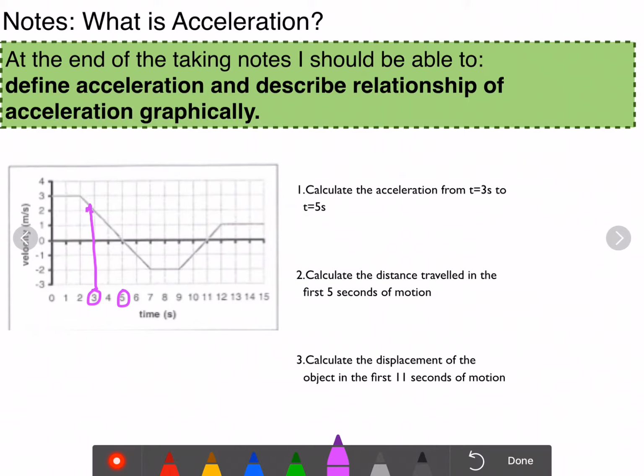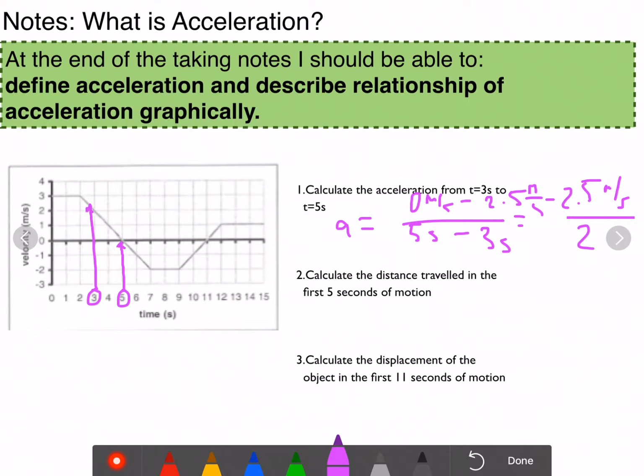So for acceleration, I have to do 5 seconds minus 3 seconds on the time, and on the velocity we have 0 meters per second minus 2.5, so that's going to equal negative 2.5 meters per second, divided by 2. 2.5 divided by 2 gives us 1.25. The answer is 1.25 meters per second.